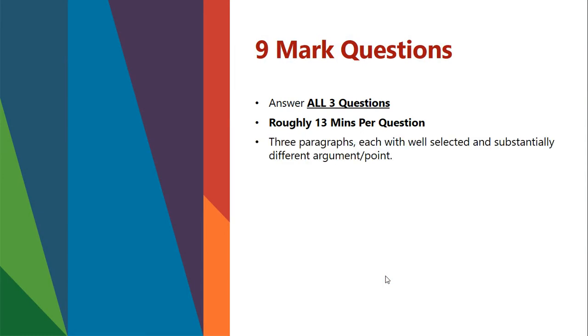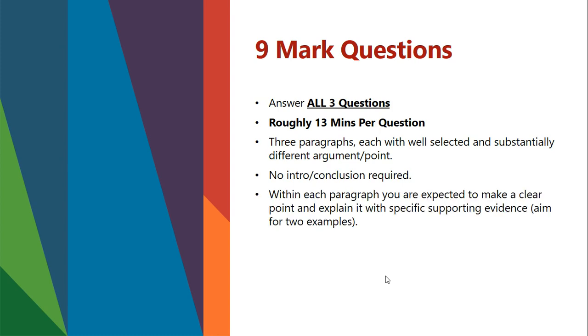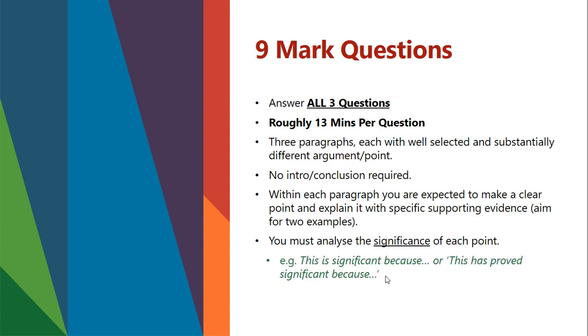You should have 3 paragraphs, each with well-selected and substantially different arguments or different points. You do not need to introduce or conclude. And inside each paragraph, you're expected to make a clear point and explain it with specific supporting evidence. You should aim for 2 examples in each paragraph. You must analyse the significance of each point in relation to the answer.